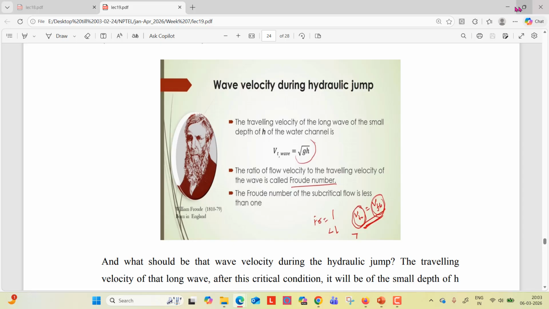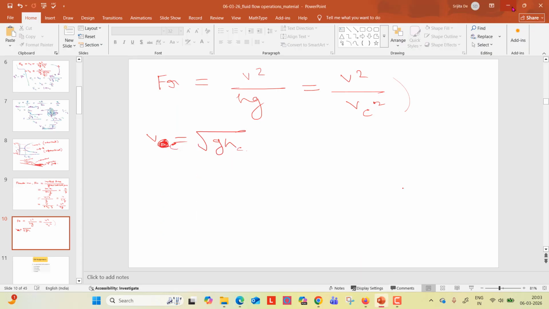So when Fr equals 1, that means V equals Vc, so that is your critical flow. When Fr is less than 1, that means the flow velocity is less than the critical velocity, so that is your subcritical flow.